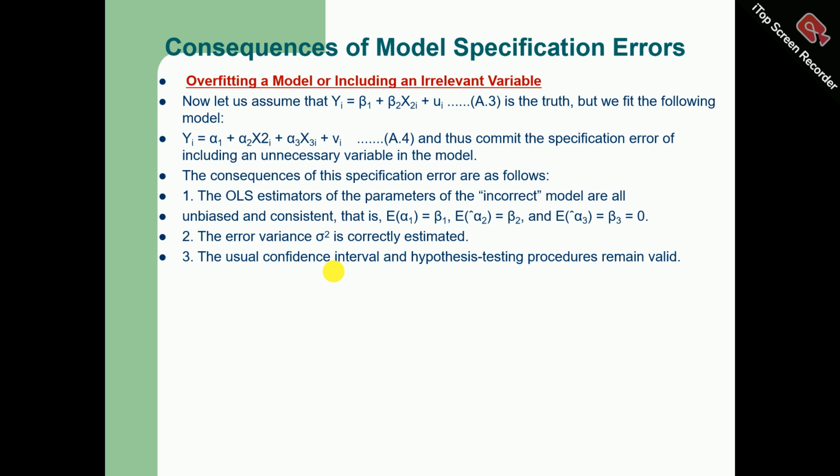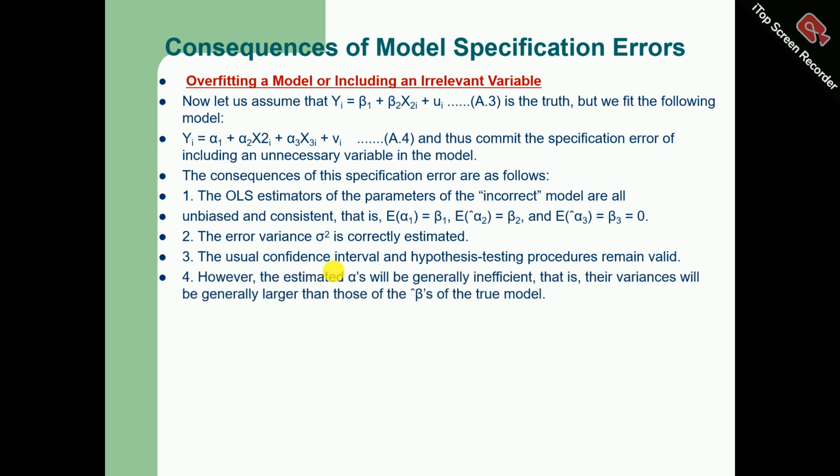So if these things are okay, that is, the estimators are unbiased and the error variance is correctly specified, then what is the problem? The problem is that the estimated alphas will be generally inefficient. That is, their variances will not be minimum. They will be generally larger than those of the betas of the true model.